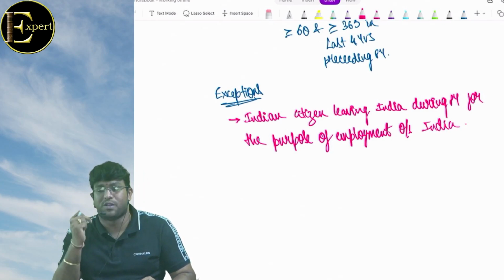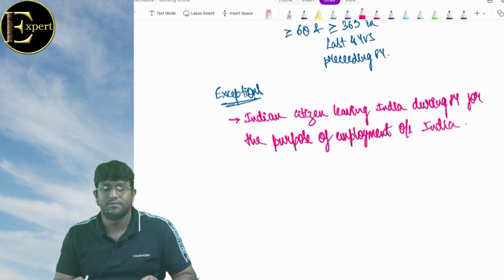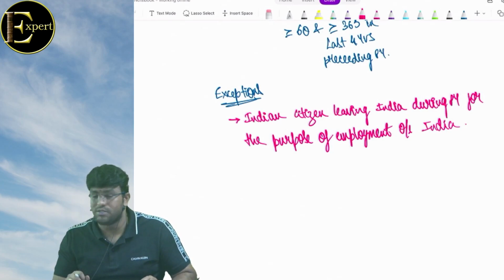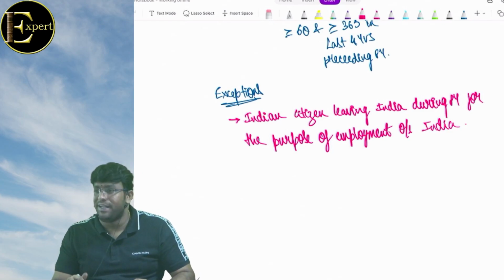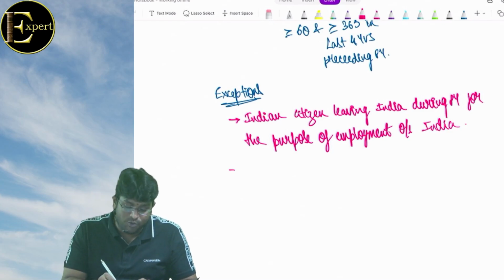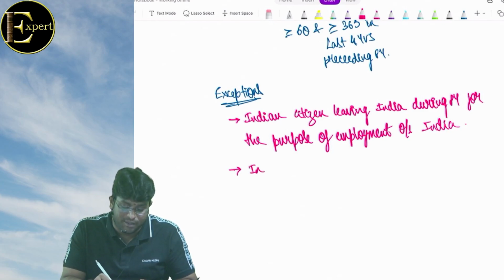That is, going outside for the purpose of a job. That doesn't mean that he's unemployed in India. It could be he's employed in India, but he's going abroad for a better job. That is also possible, boss; it's not necessary that he be unemployed. Come on, the first point: Indian citizen leaving India during the previous year for the purpose of employment outside India. Second point, come on Aditya, your favorite point.